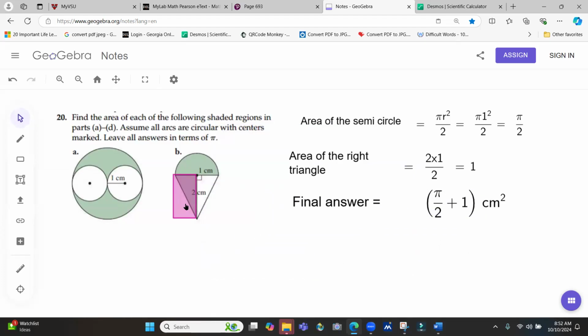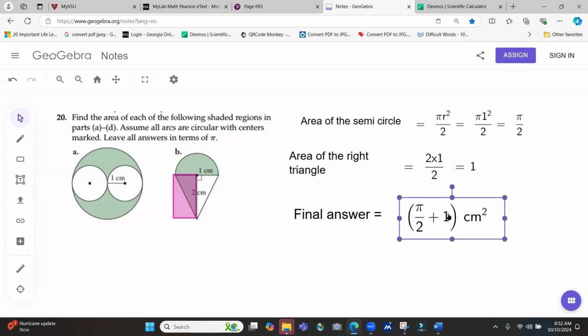So we did number 20 completely, fully, and we have everything here. Let's pause here just a little bit and see if we have any questions.